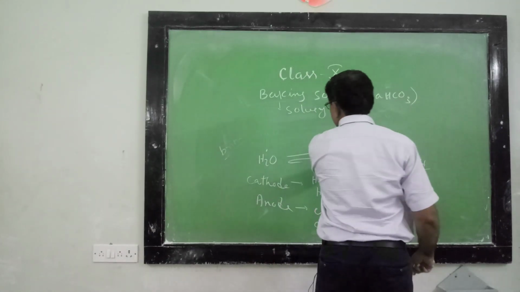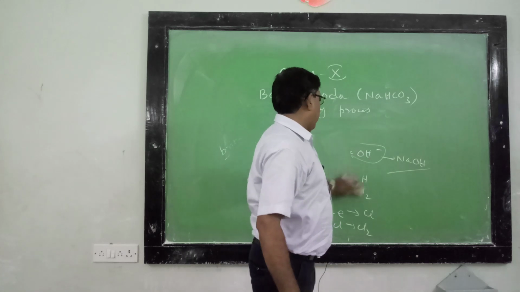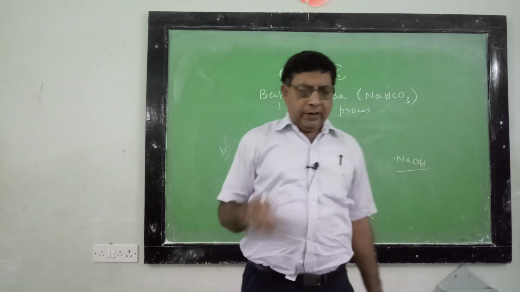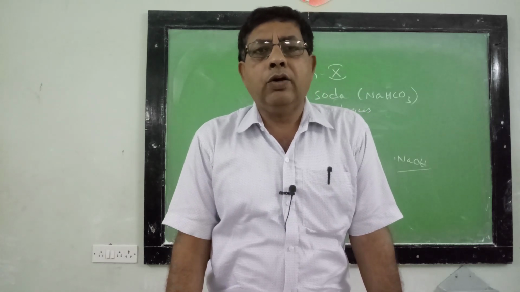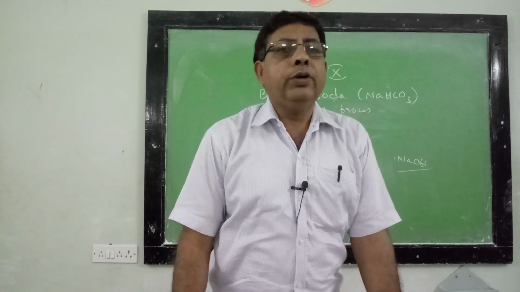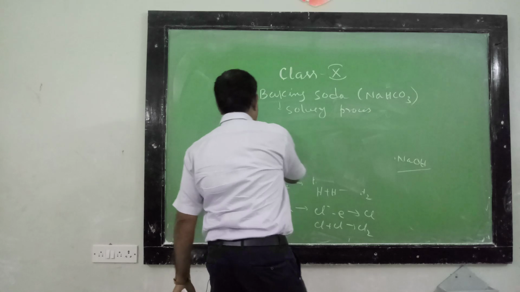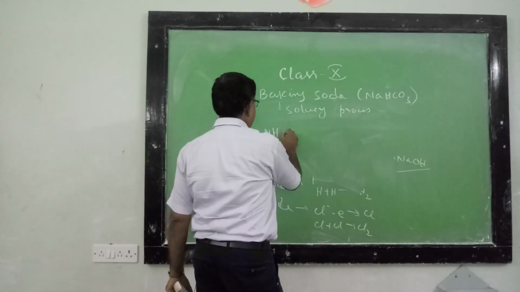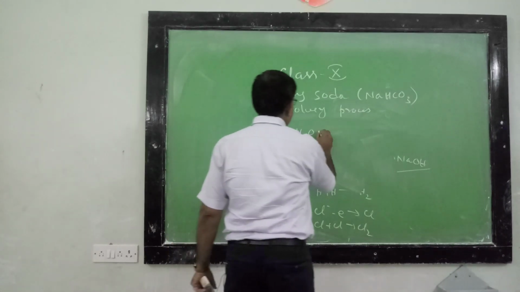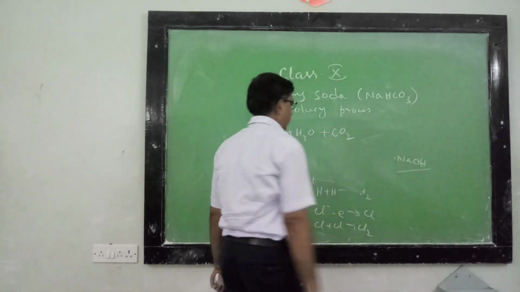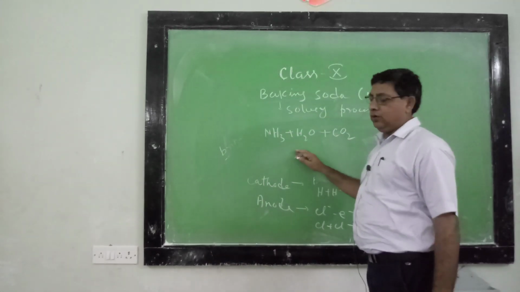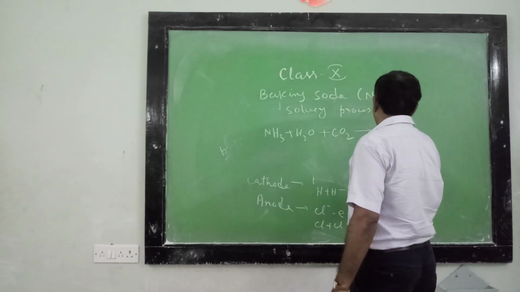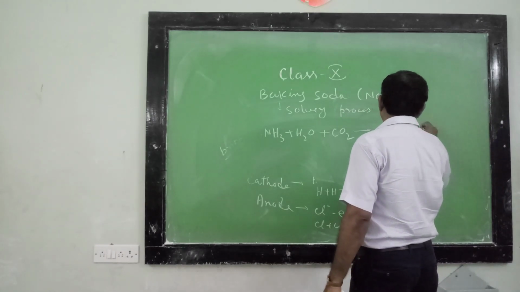What is the Solvay process? In the Solvay process, we take a solution of ammonia, that is ammonium hydroxide, NH3 plus water, saturated with carbon dioxide. When carbon dioxide is passed through ammonia solution, it forms ammonium bicarbonate.